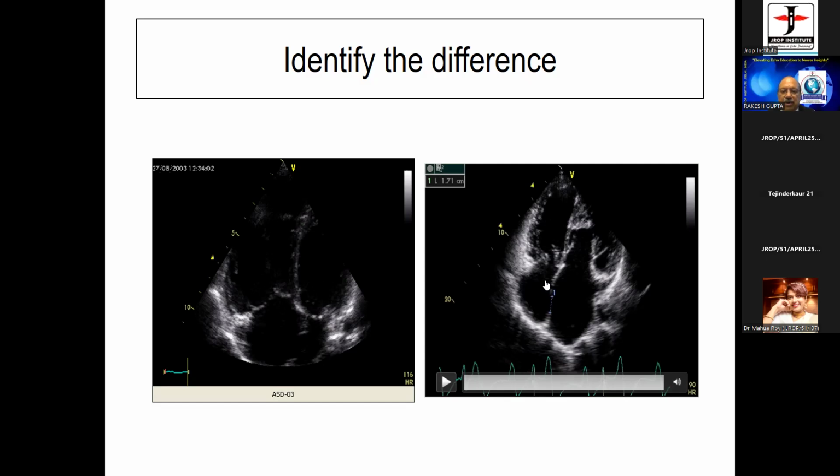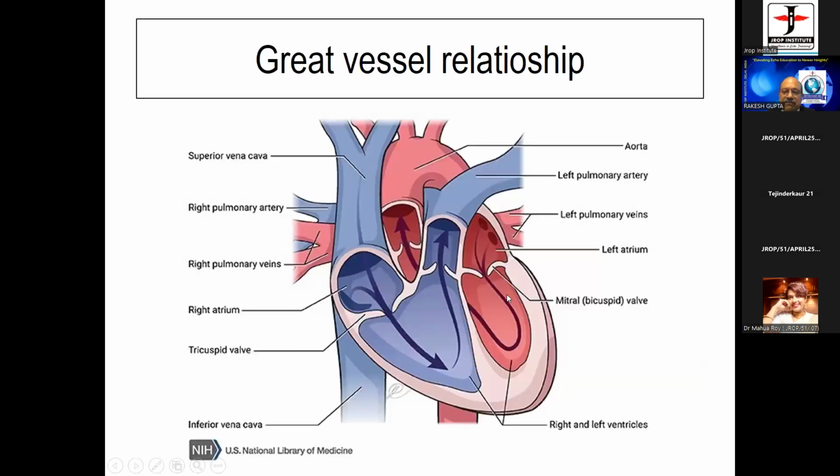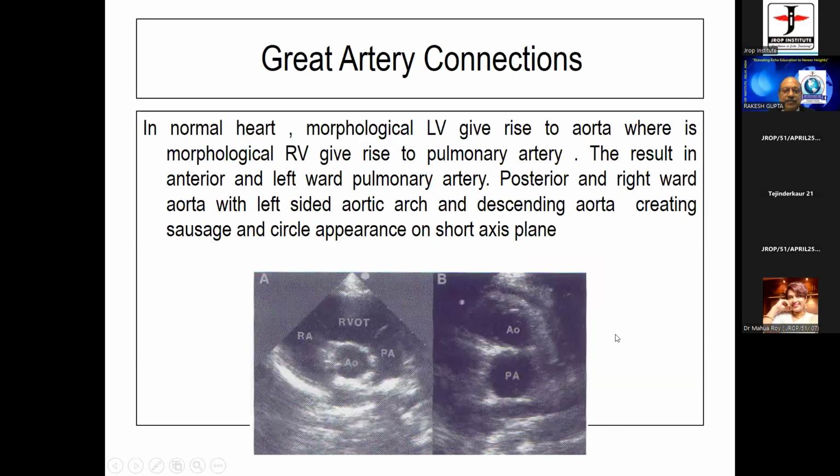Now, the next important issue. This is what we talk of as great artery connections. The third important thing is great artery connection. Look, whenever we do a parachute short axis view, always look at the aorta in the center. The pulmonary artery wraps around the aorta.